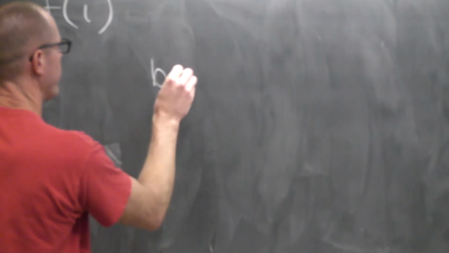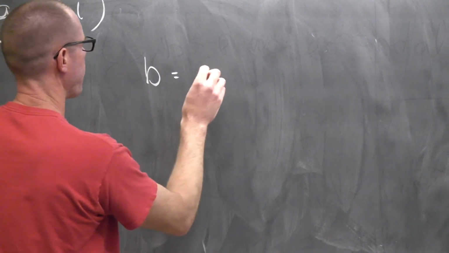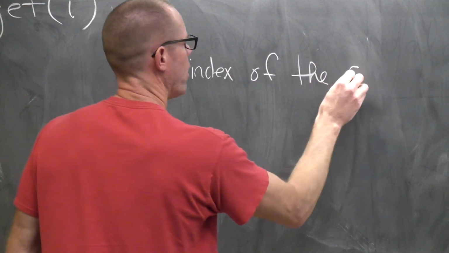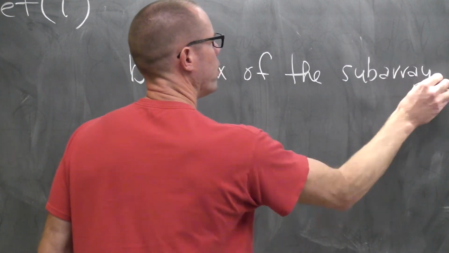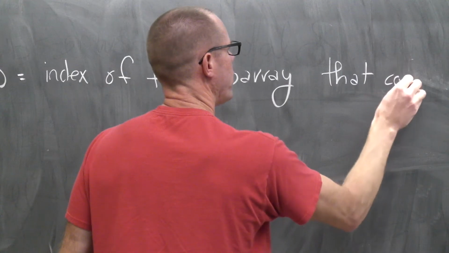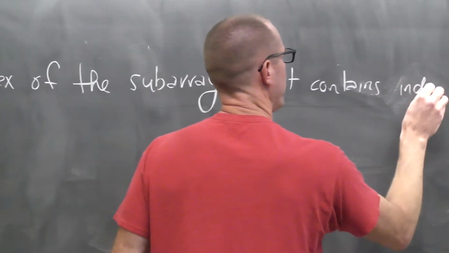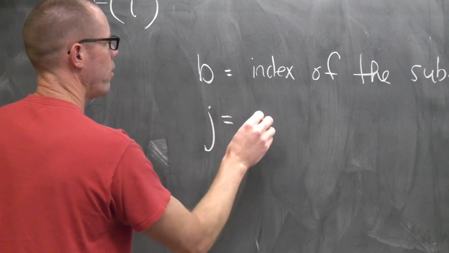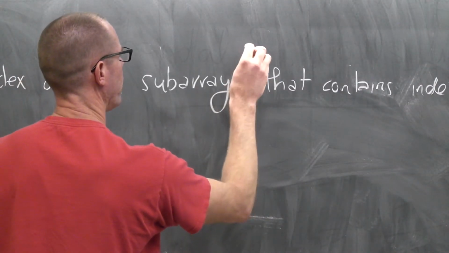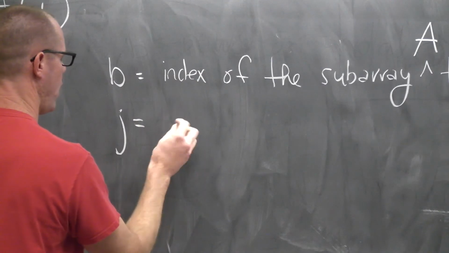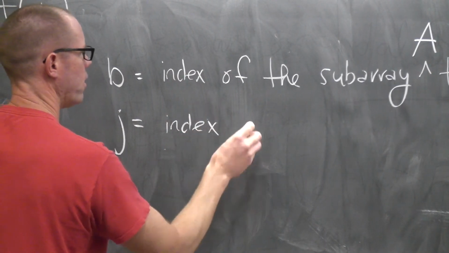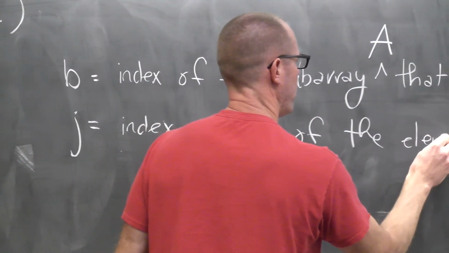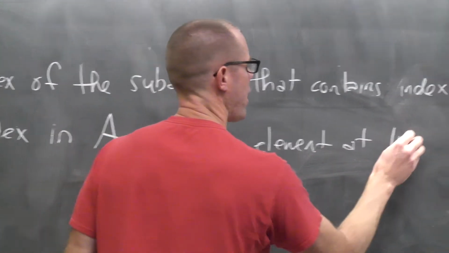B, that should be the index of the subarray that contains index I. And then I'm also interested in J, and let's call that subarray A. The index in A of the element at list index I.